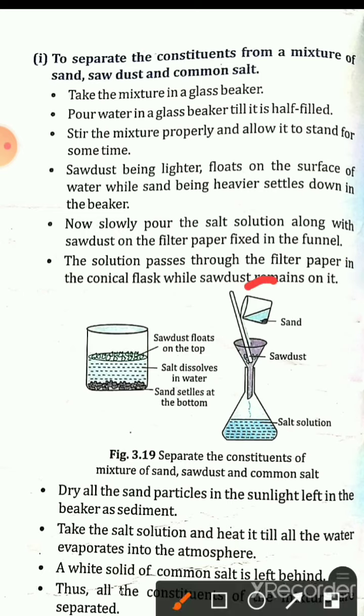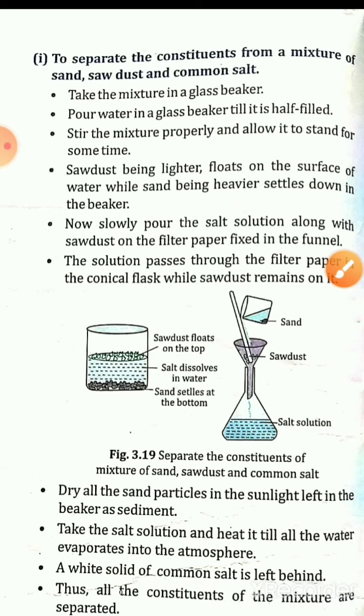In this beaker, sand is at the bottom. This is the salt solution, because salt is dissolved in this water. The salt solution is collected here in the conical flask, whereas the sawdust is collected here in the filter paper. In this way we can separate them.